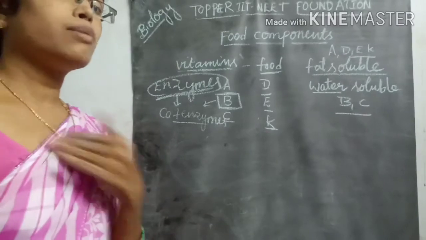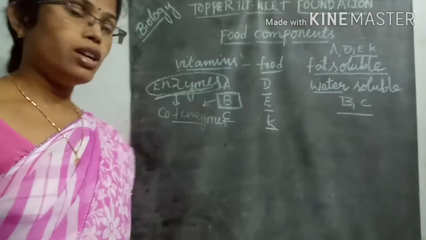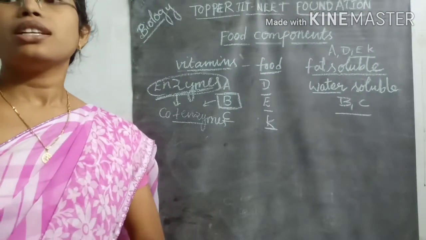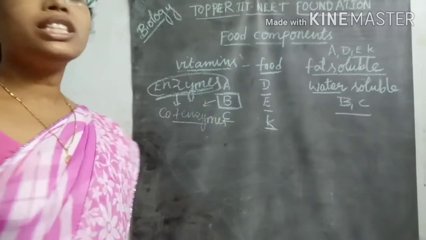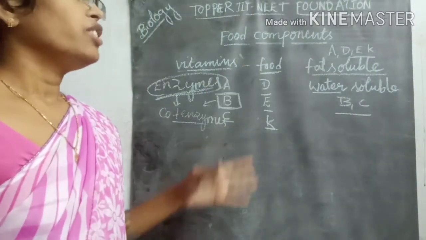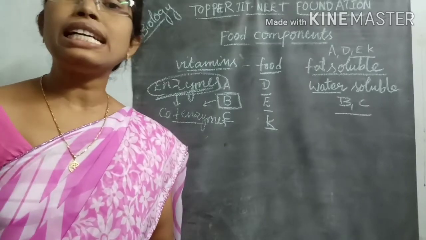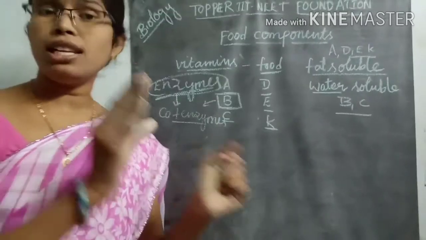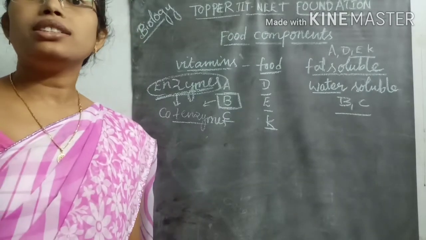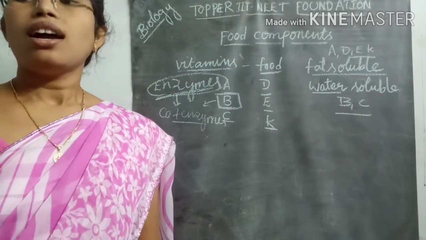To prevent that blood flow, there is a vitamin in our body called vitamin K. The main food materials required for the presence of these vitamins are milk and milk products, means milk and different varieties of milk-containing products, and chicken, mutton, and many varieties of fruits and vegetables.